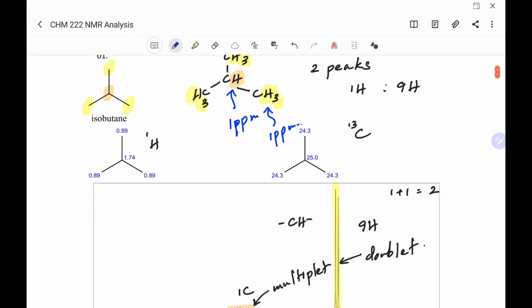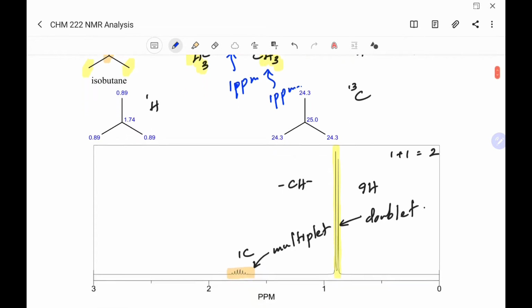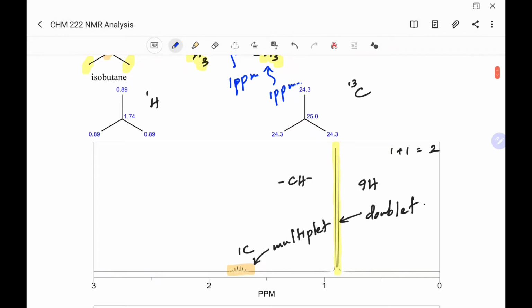The methyl hydrogens should have a taller peak, because it represents 9 hydrogens. And then the middle hydrogen should have a shorter peak. And also, depending on the number of neighboring hydrogens, you can predict the splitting pattern. The CH3 hydrogen peak has only one hydrogen neighbor, so according to the n+1 rule, it is going to be split into 2.